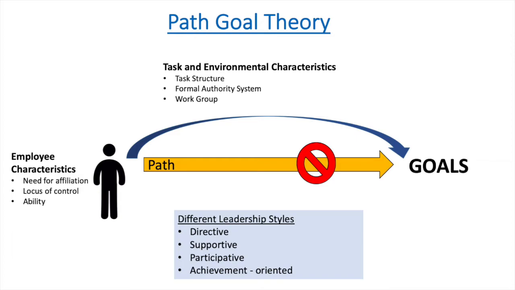So a person who has internal locus of control believes that everything that happens to them is a result of their decisions or their actions, or they believe that they have control over everything that happens to them. A person who has external locus of control believes that everything that happens to them is outside of their control.